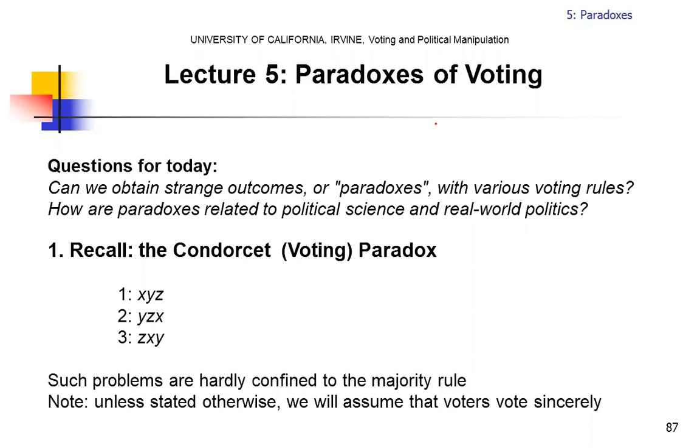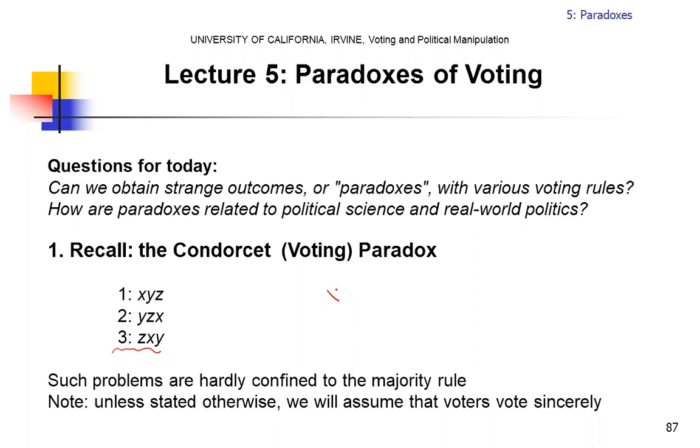For now, we have learned about one such paradox, one problem with the majority method when we have three or more voters, the Condorcet or voting paradox. As you remember, this is our voting profile with a cycle.